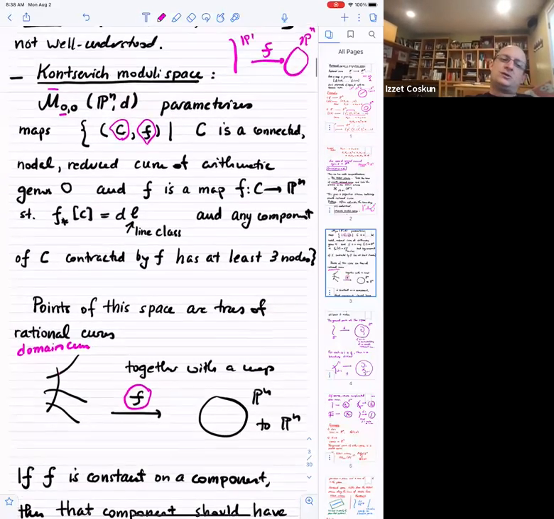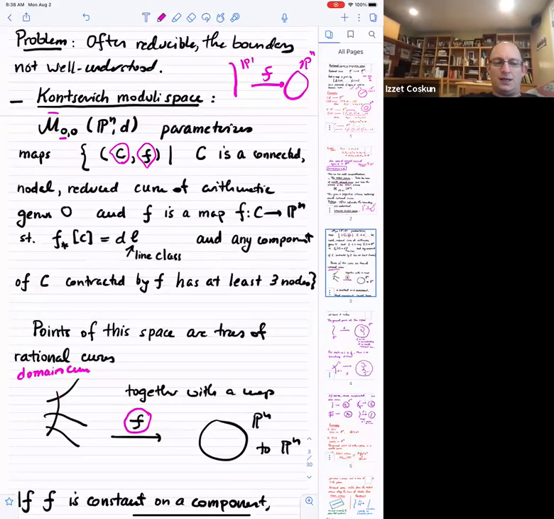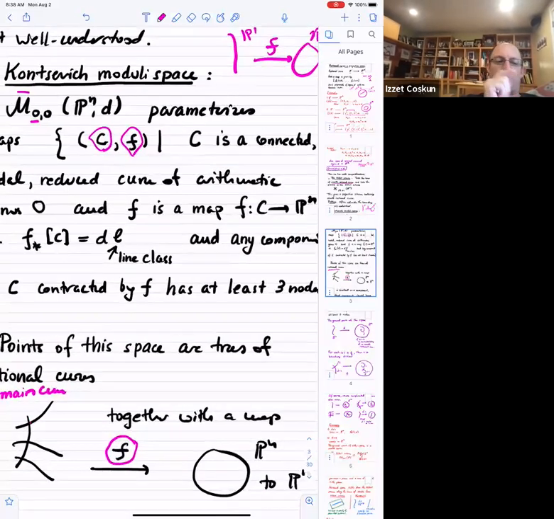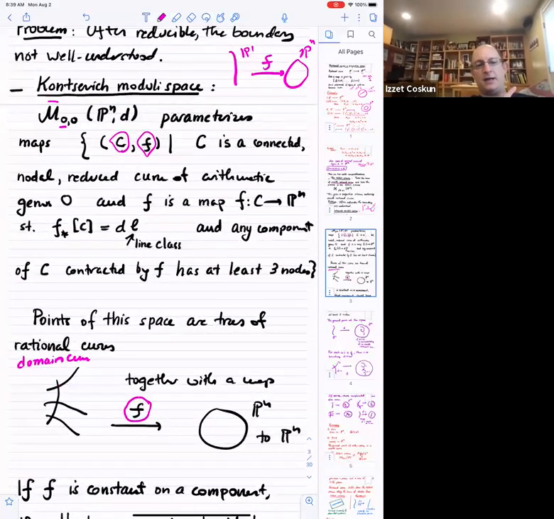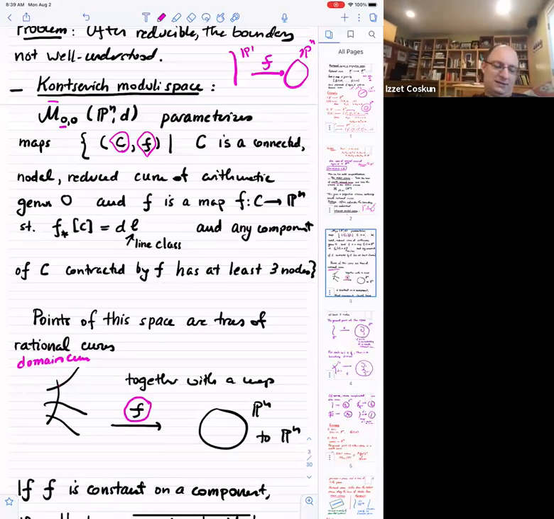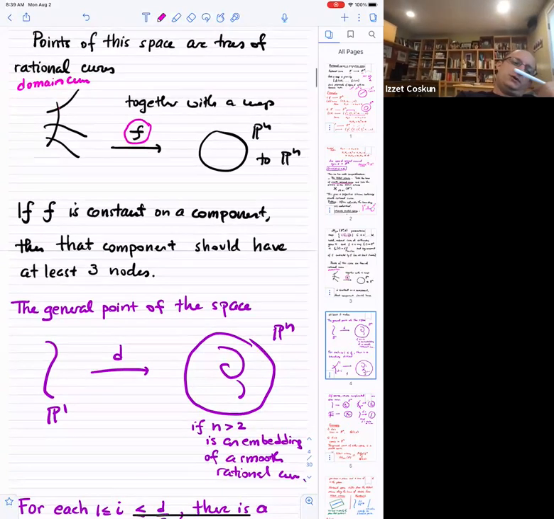In other words, in order to compactify, instead of looking at maps from one P^1 to P^n, what you do is you allow trees of P^1s and a map from a tree of P^1s to P^n, except that you want to specify that it has finitely many automorphisms. But that is, again, a relatively easy combinatorial condition to check. So suppose that you have a map from something like this, a union of P^1s, if the map is constant on a component.